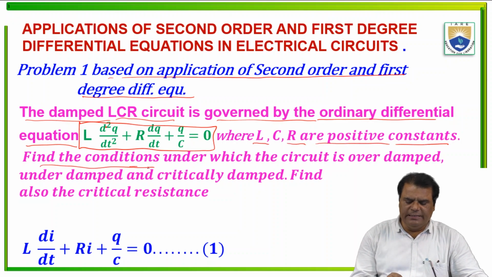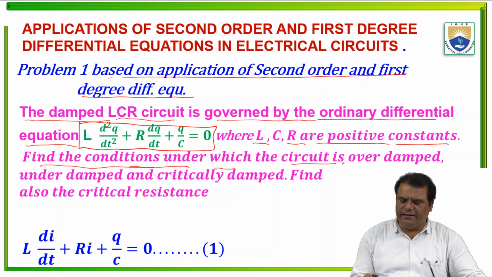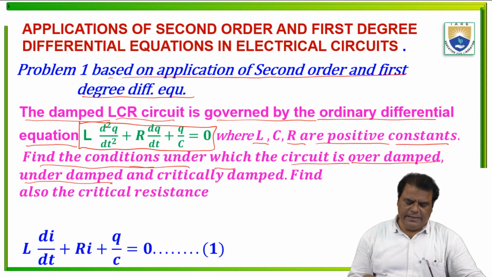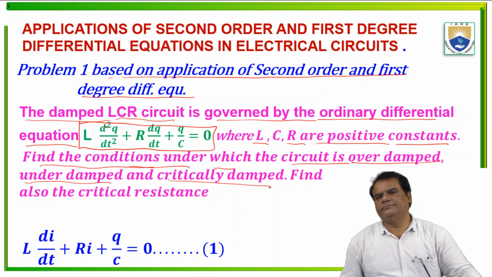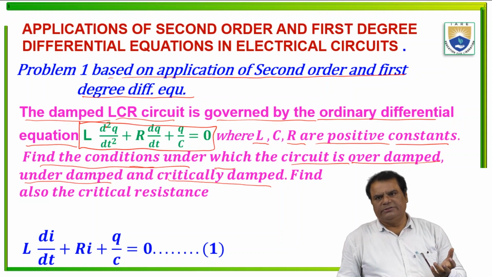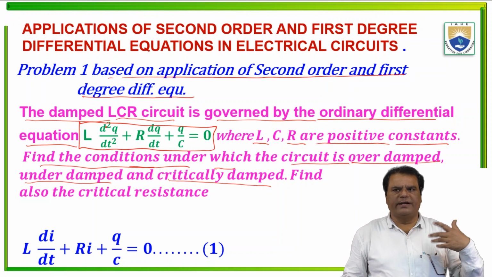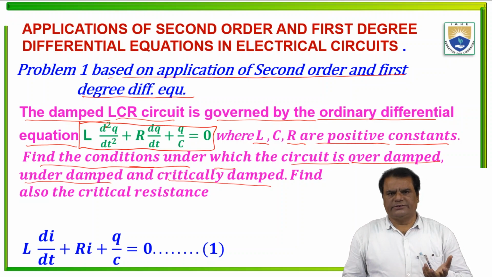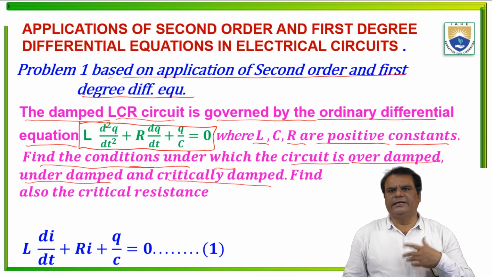Find the conditions under which the circuit is 1, overdamped, 2, underdamped, and 3, critically damped. There are three conditions.